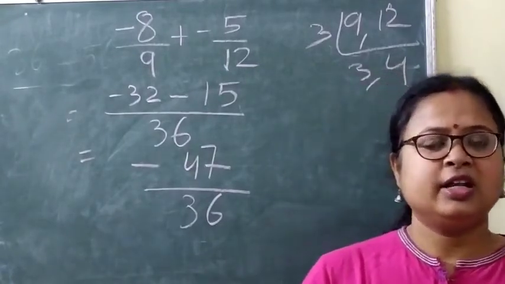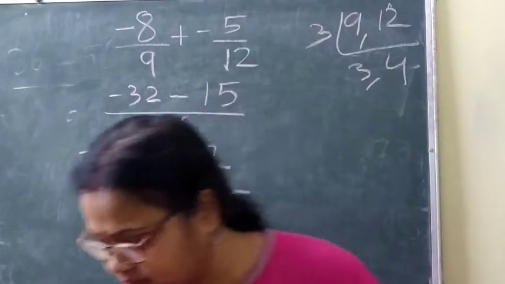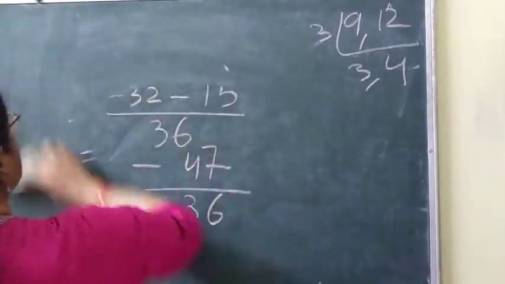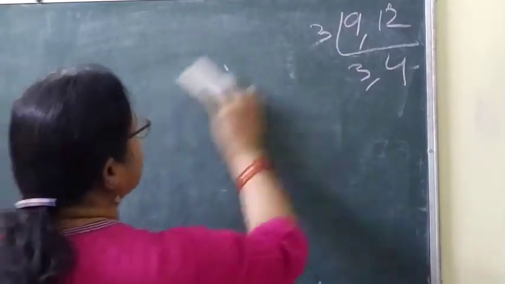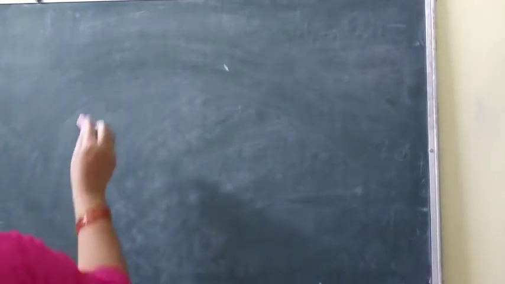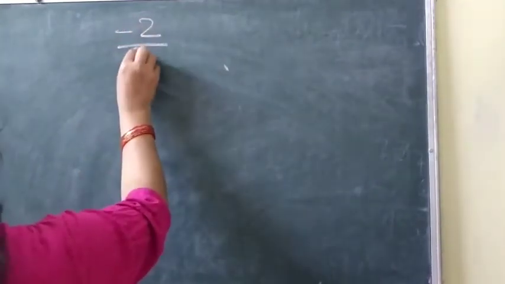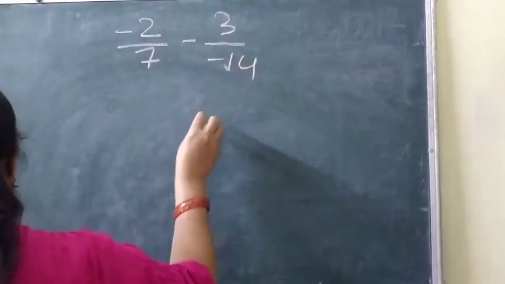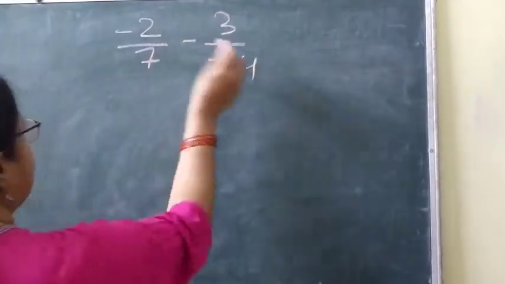Okay, now let's do the next question. Minus 2 by 7 minus 3 by minus 14. So how can we write it?